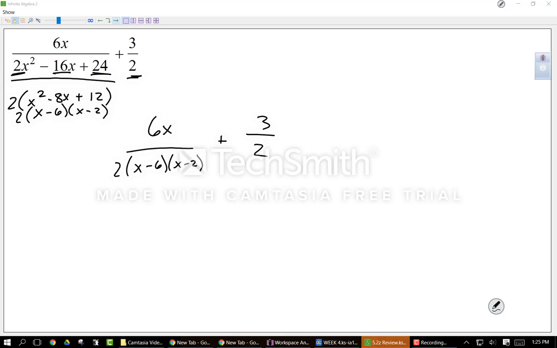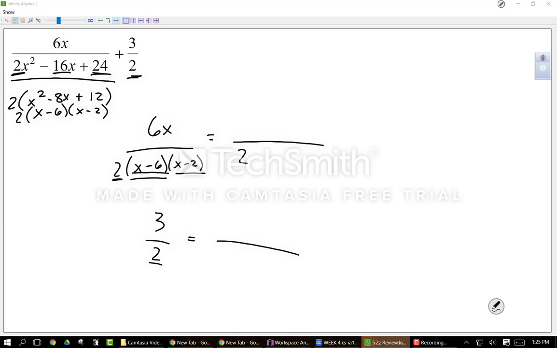I need a common denominator, okay? So let me stack these a little bit. Well, I have a monomial, binomial, and a binomial, and here I have a monomial. So if I look at my monomials, 2 and 2, what's the smallest monomial that they can both go into? Well, they can both go into 2.